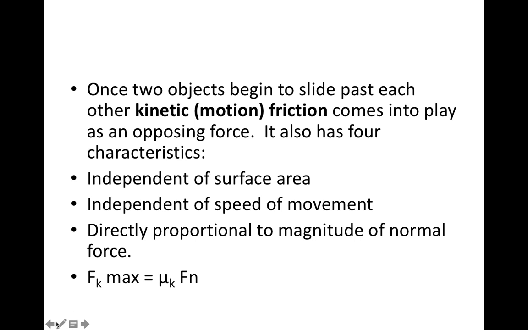So the kinetic frictional force is equal to the kinetic coefficient of friction, mu k, times the normal force, Fn. And mu k is almost always lower than mu s, the static coefficient of friction.